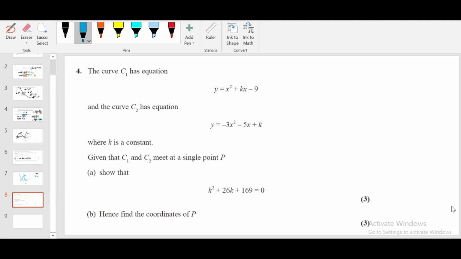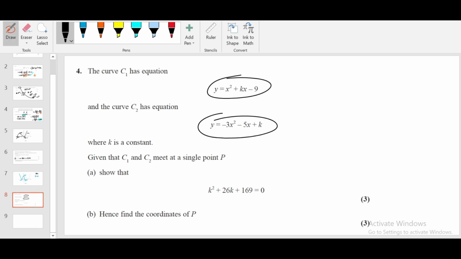Question number 4 now. You have curve C1 with this equation, and C2 with this equation. Given that C1 and C2 meet at a single point P. Whenever the question talks about two curves meeting at a point of intersection, you have to equate them.